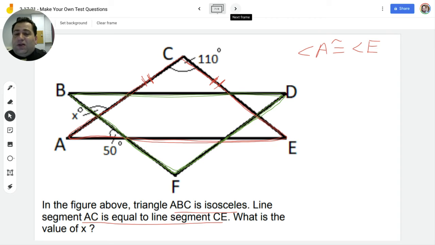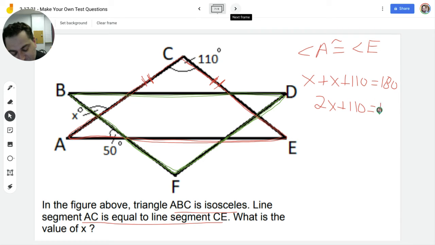And from here, I know that I have one angle plus that same angle plus 110 is going to be equal to 180. And I know this because of the triangle sum theorem once again. So again, I have 2x plus 110 equals 180.